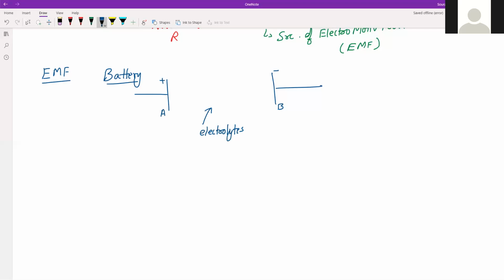As the charges build up on these two terminals A and B, there is a net positive and negative charge separation. That means there will be a field, and if there is a field, there will be some potential difference generated between these two.